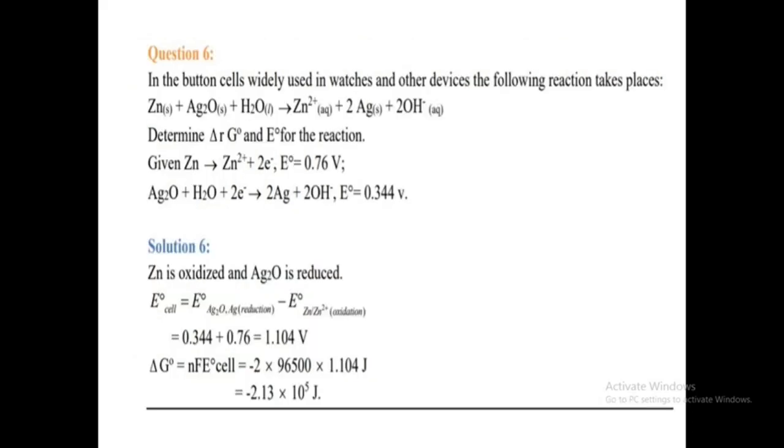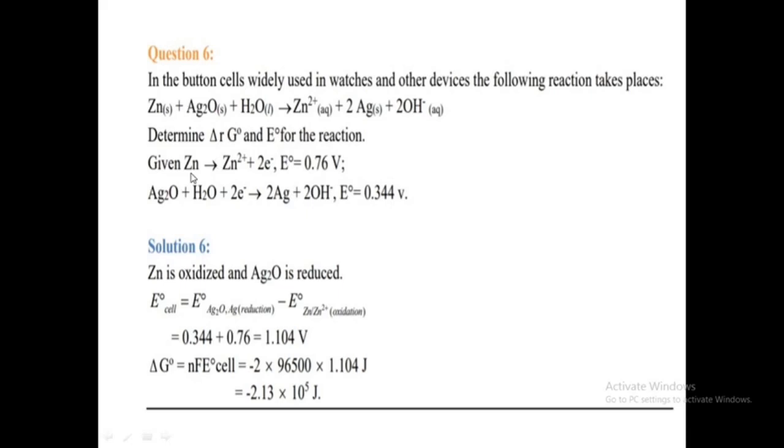Okay, and then our next question is: in the button cells widely used in watches and other devices, the following reaction takes place. The reaction is given as this one. Determine delta G naught and E naught cell for the reaction.